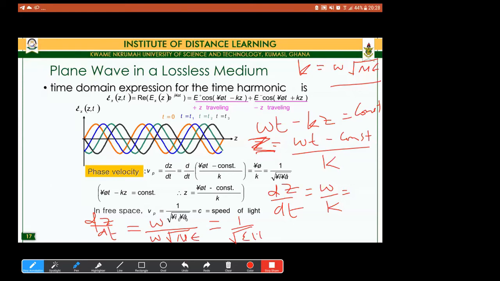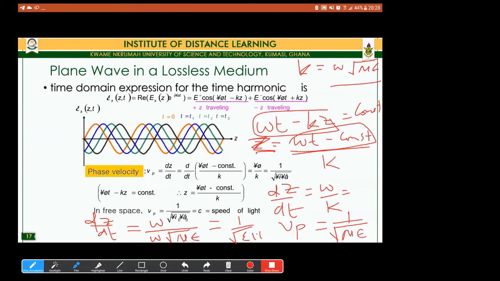Now, if you differentiate distance, z is distance. If you differentiate with respect to time, then you get what? Velocity. And since omega t minus kz is the phase, when you differentiate this distance with respect to t, you get the phase velocity. And that phase velocity is given by 1 over square root of mu epsilon.